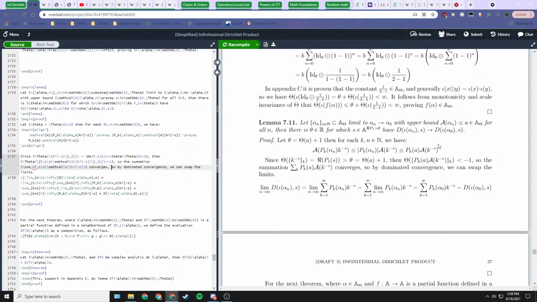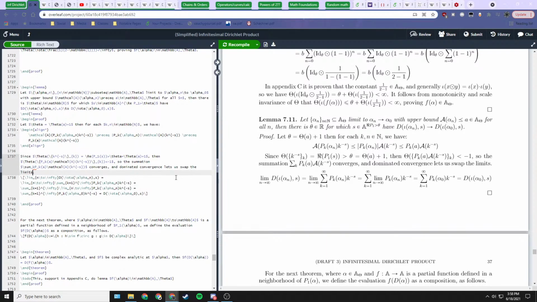And theta is strictly less than minus 1, so the summation converges, and dominated convergence lets us swap the limit. And then the limit of d iota alpha s is just the limit of the summation. We pull this limit in, alpha n goes to alpha 0, and then this is this, and we're done.